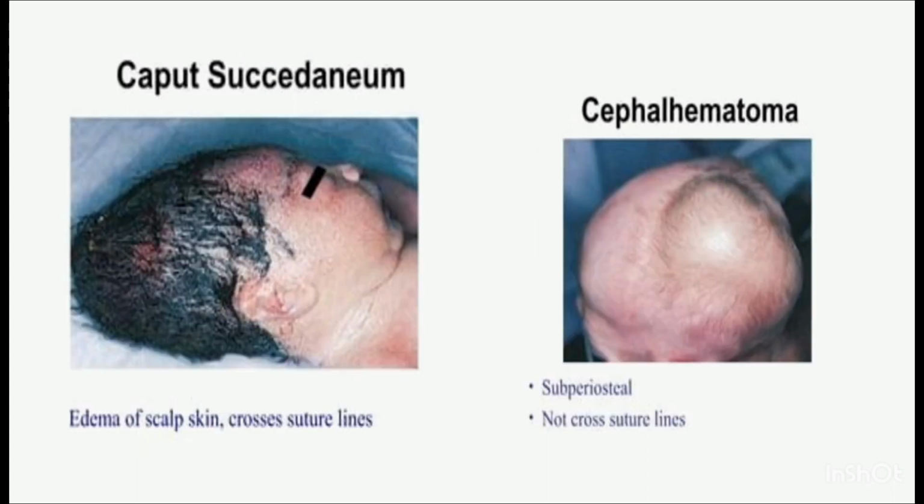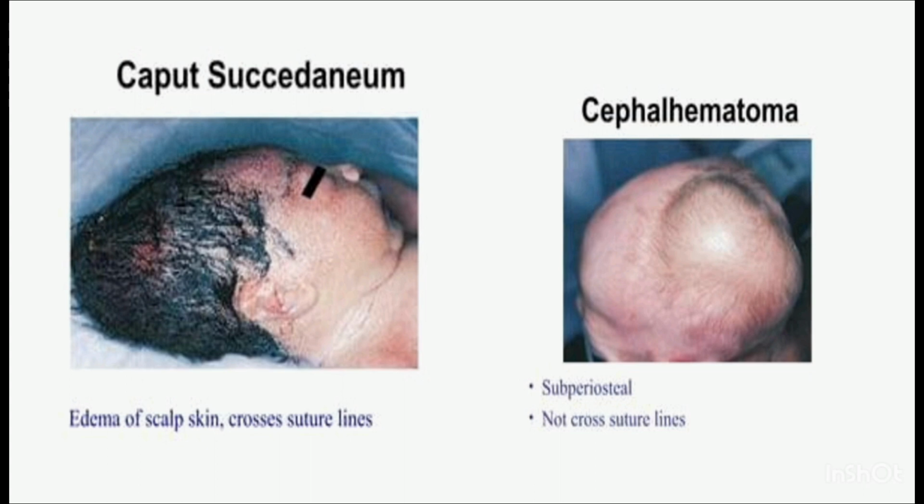This is the picture of caput succedaneum and cephalohematoma. Caput succedaneum is benign edema associated with birth trauma that crosses the cranial suture line. On palpation, it is described as boggy, soft, and fluctuant.